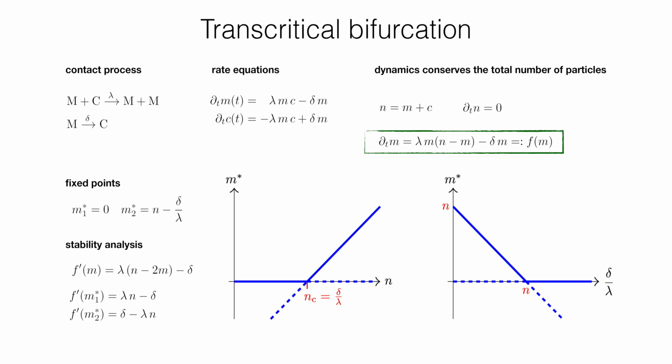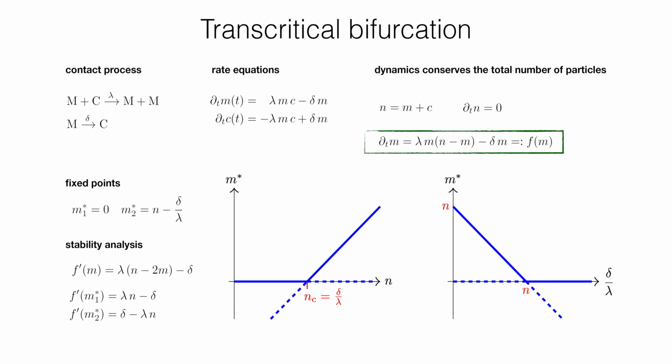If the population is large, then the likelihood of a virus spreading also intuitively should be much, much larger. But the point is there's a threshold. Above this threshold, the virus is spreading in the population. So the fixed point here is m1 star, different from 0, namely n minus delta over lambda. That's one way of seeing it. So as you increase the population size, so the number of people in a tent, then the likelihood for spreading the virus is high. Okay, makes sense, right?